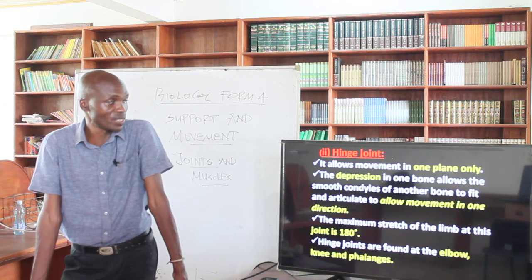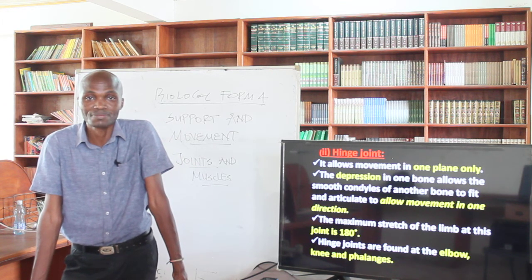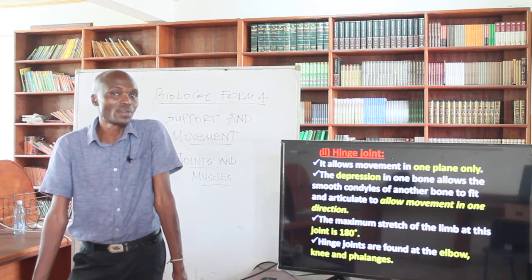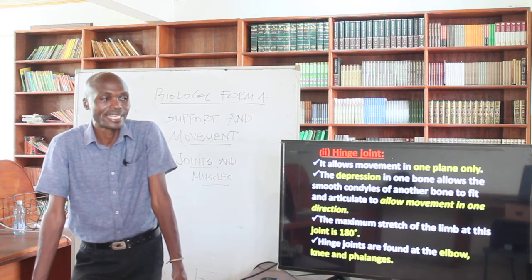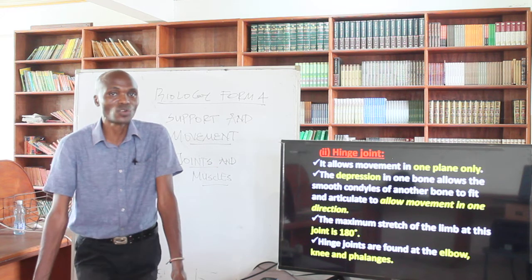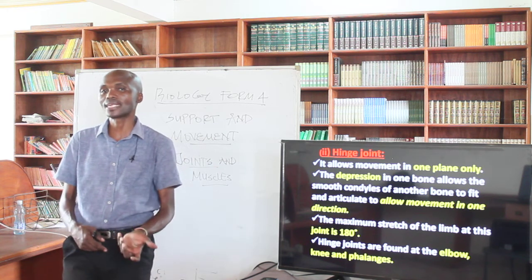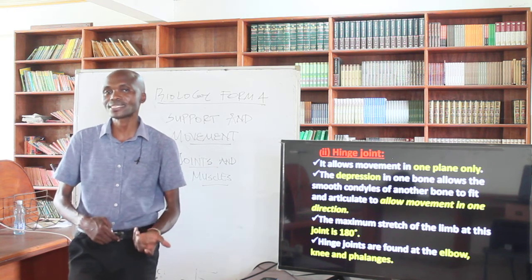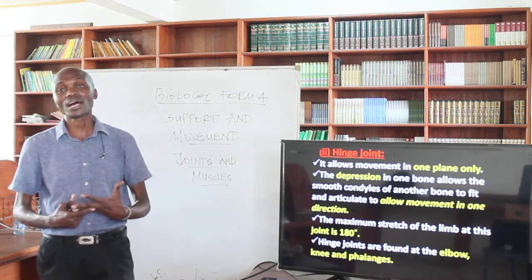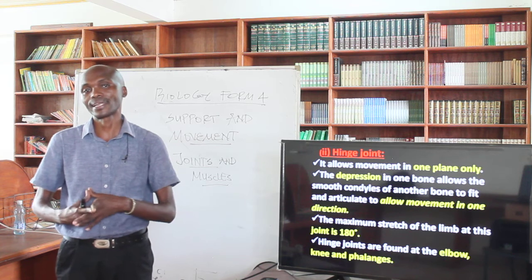The other type of joint is the hinge joint. The hinge, as the name suggests, allows movement in one plane only, just like the hinges of a door. Now the depression in one of the bones allows the smooth condyles of another bone to fit and articulate, and therefore they only allow movement in one direction.